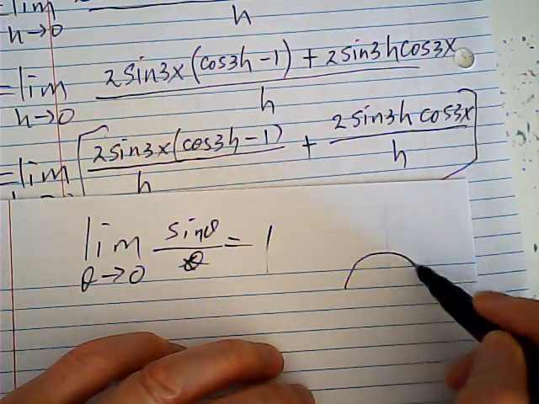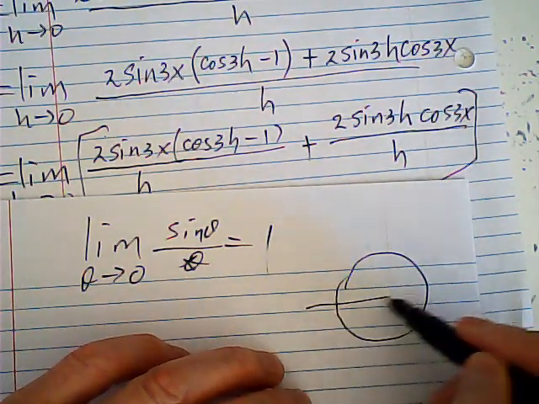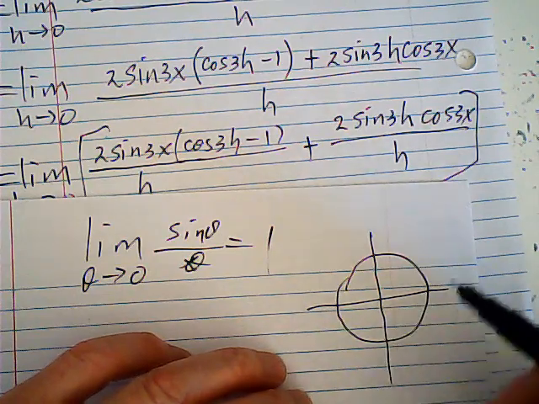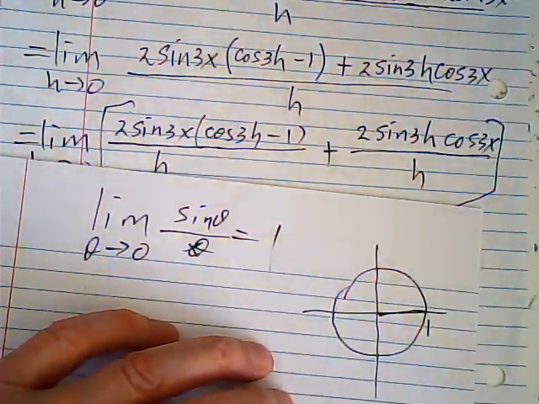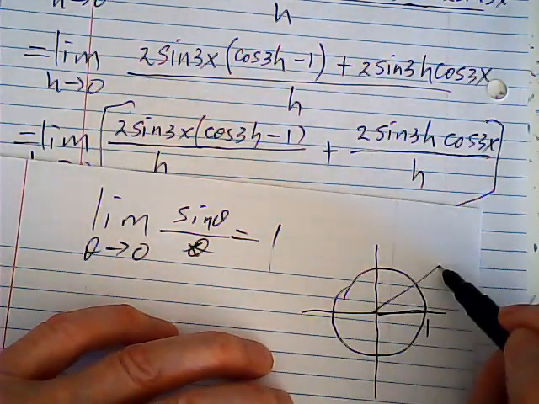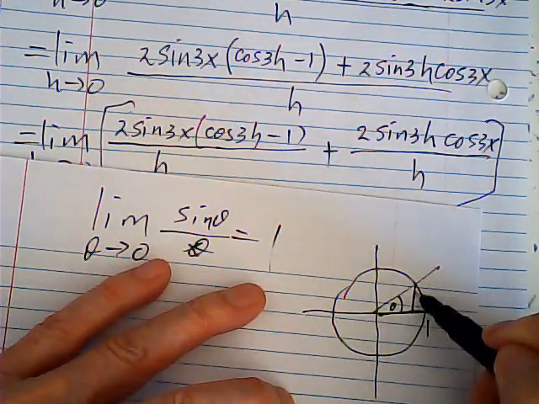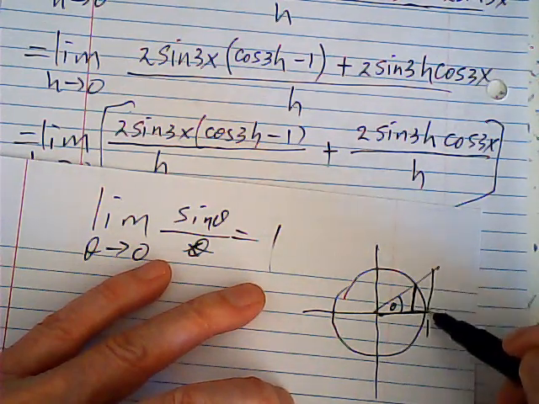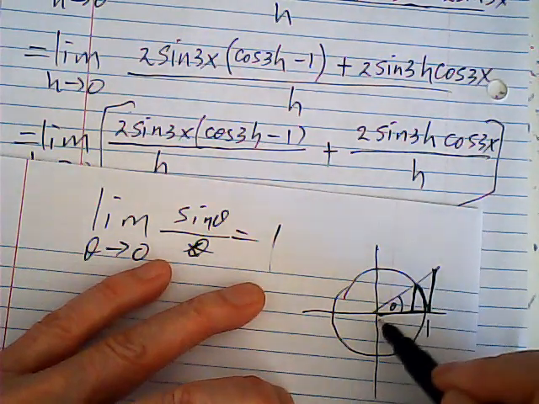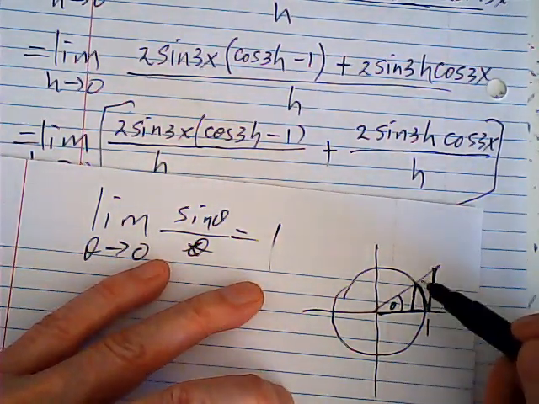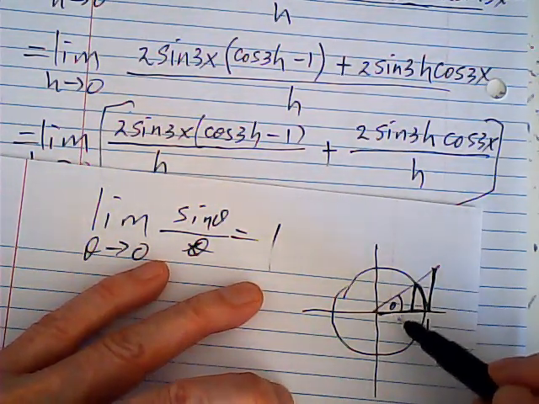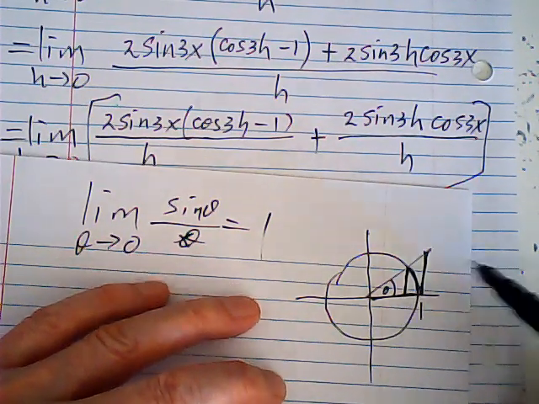We are using the unit circle, right? This is 1, the unit circle. This is theta, and this will be sine theta, right? This will be tangent theta. This will be theta, because the radius is equal to 1. The arc length is equal to the angle in radians.